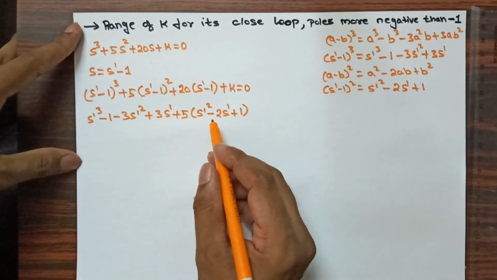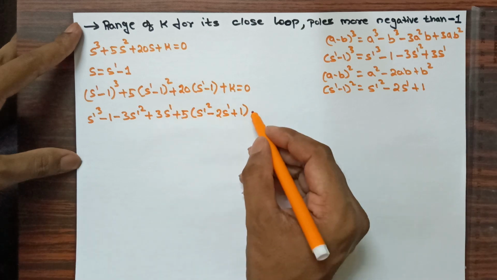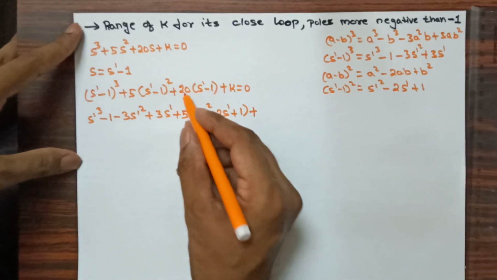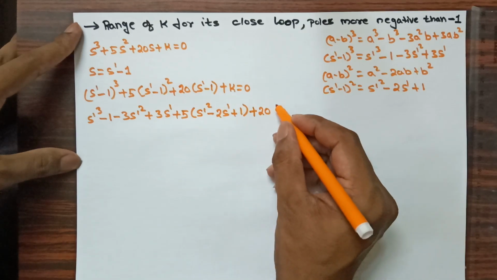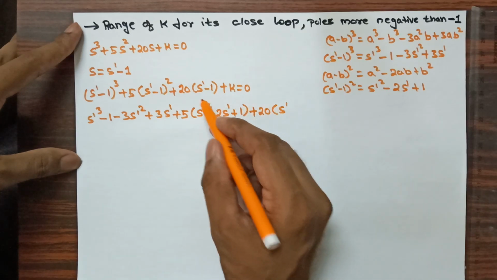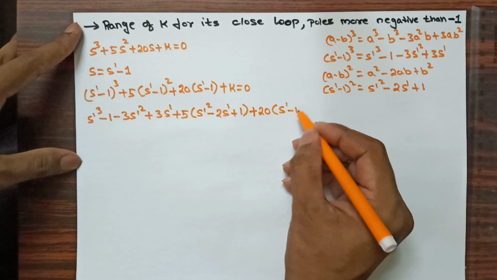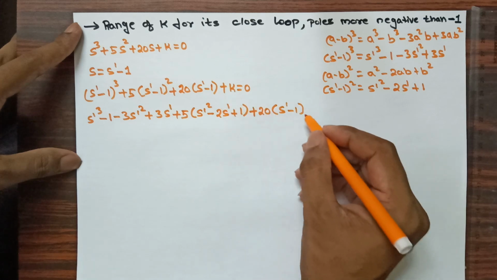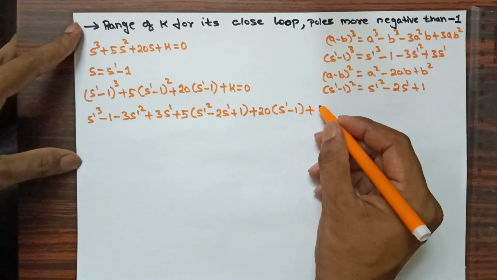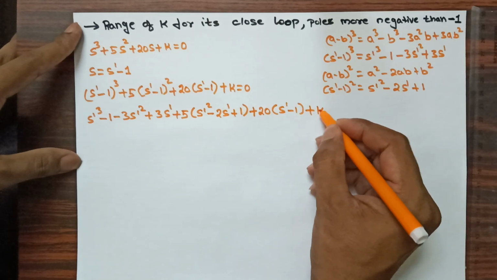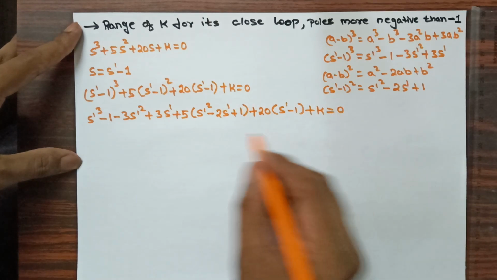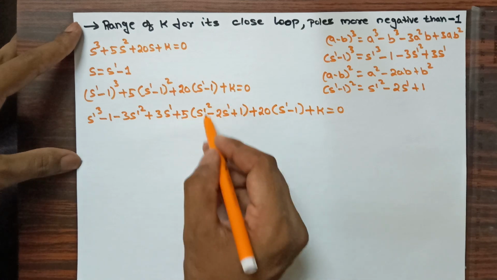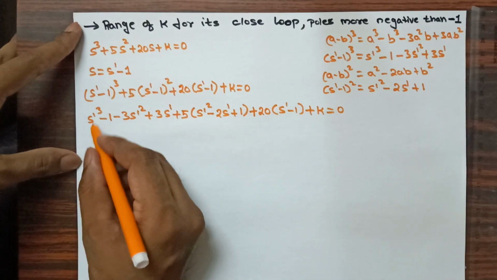Now next we take the plus 20 as it is, then s dash minus 1 as it is, plus k is equivalent to 0.